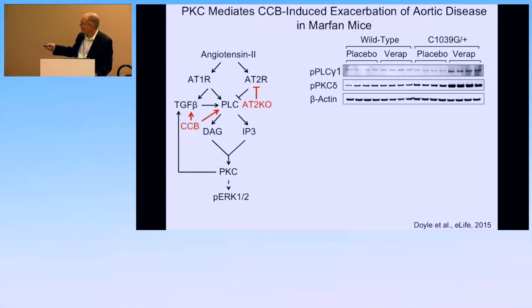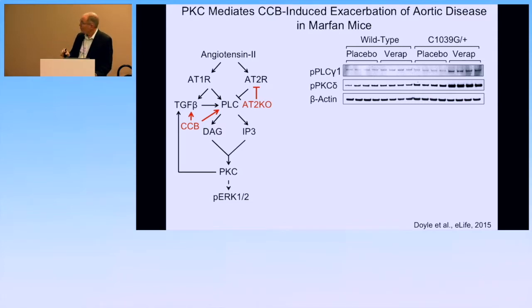CCBs have the known ability to accentuate both TGF-beta and PLC activation. And in keeping with this, we saw that in our Marfan mice that were treated with calcium channel blockers, here verapamil, we indeed see a signal for increased PLC activation.